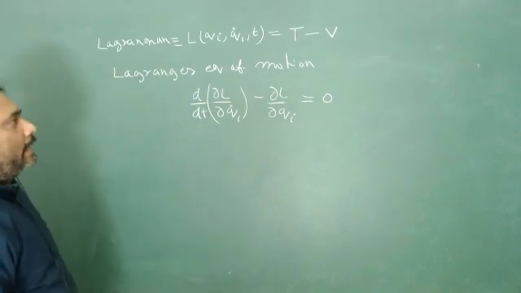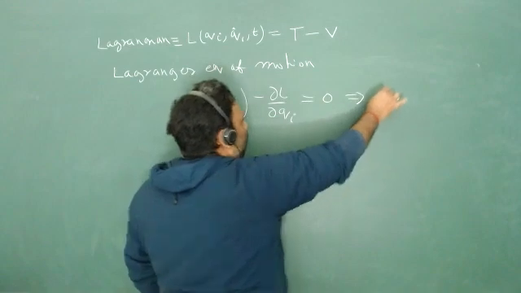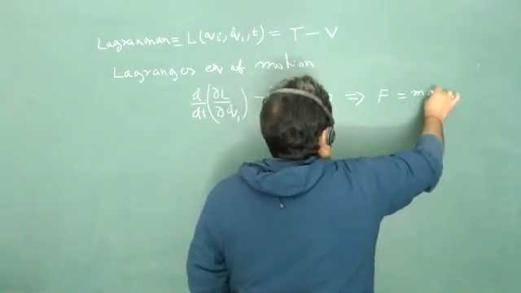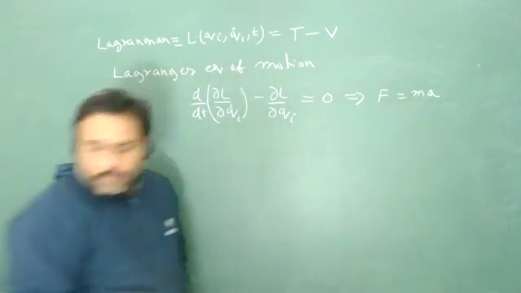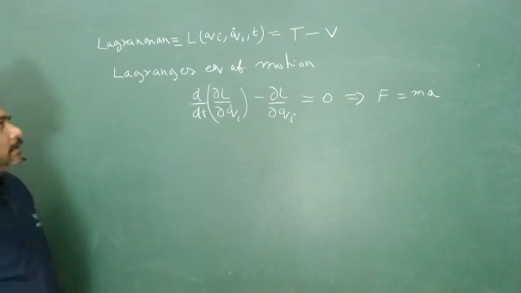And this is known as Lagrange's equation of motion. Finally, this is equivalent to sum f is equal to ma. You will see when we try to solve different types of problems. Now let's go for the next definition.